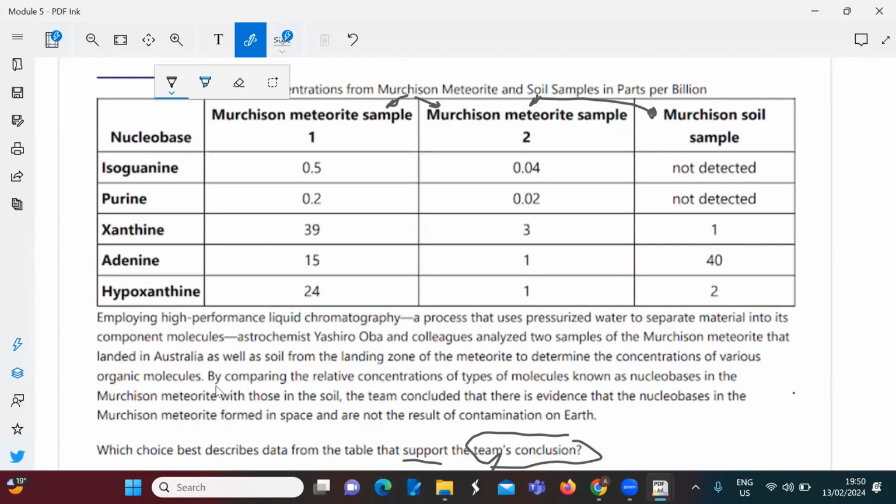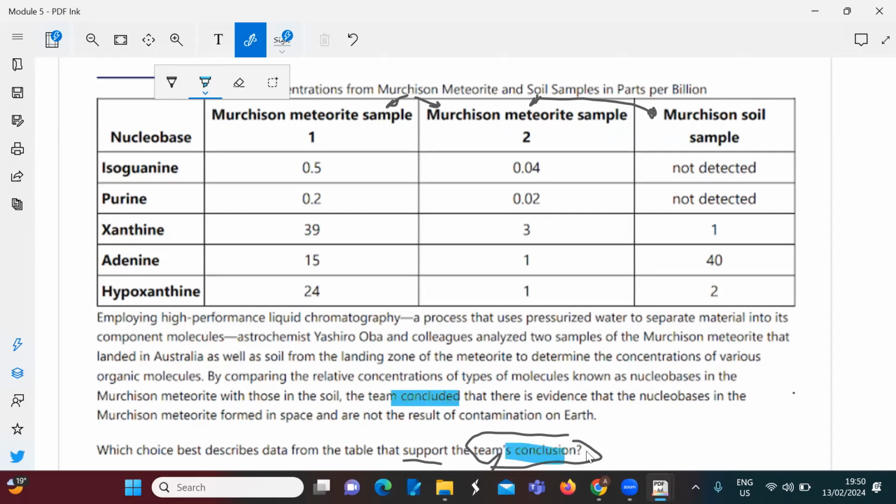But start reading from the beginning of the sentence, "By comparing the relative concentrations of types of molecules known as nucleic bases in the Murchison meteorite with those in the soil, the team concluded." These are the elements, and these are the samples. They want to compare the meteorite samples to the soil sample. The team concluded.